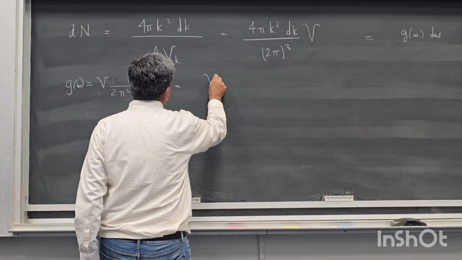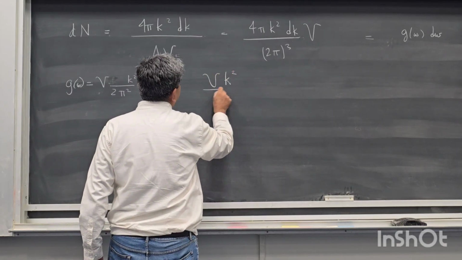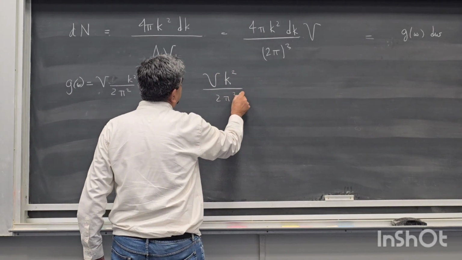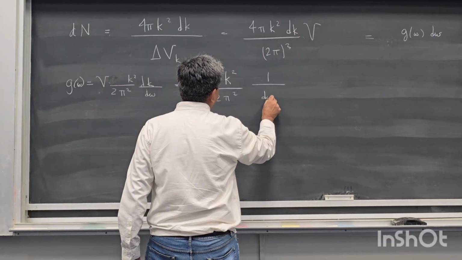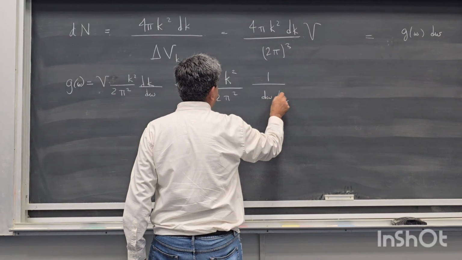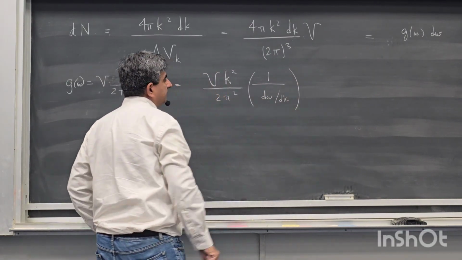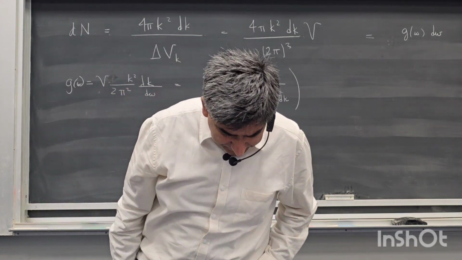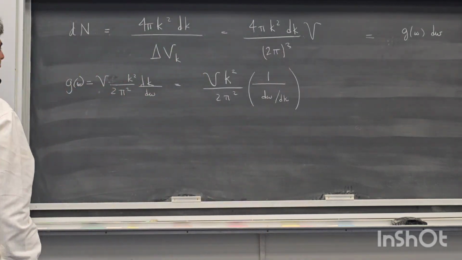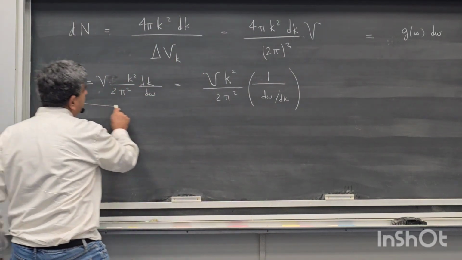This is V k squared over 2 pi squared times 1 over d omega over dk. So this is the density of states in 3 dimensions.